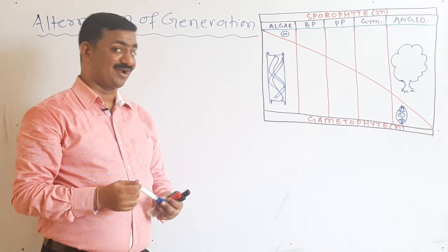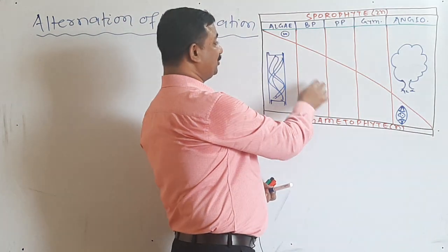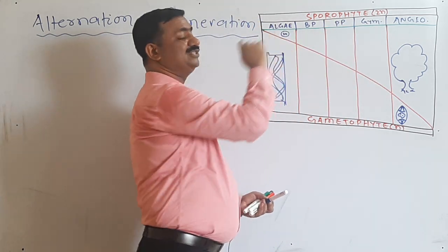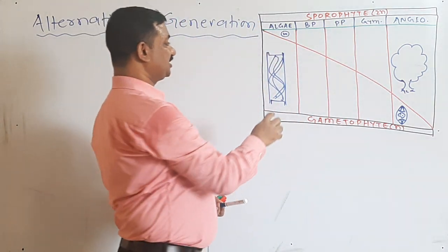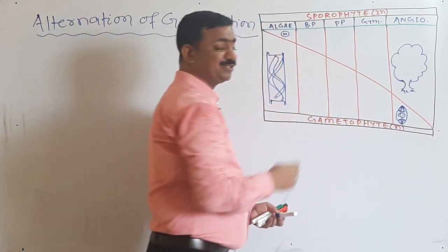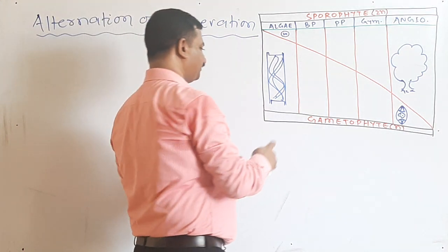So what are you finding? The sporophyte body becomes more advanced from algae to angiosperm, and the gametophytic body becomes reduced from algae to angiosperm, right?